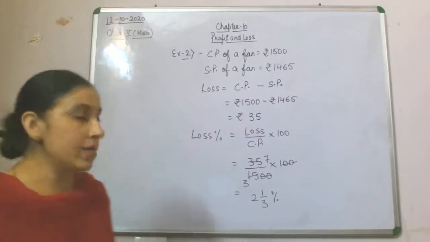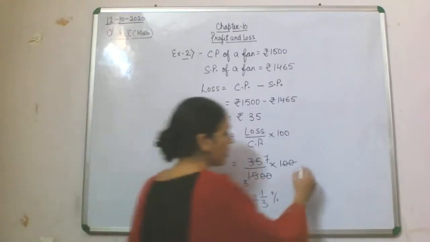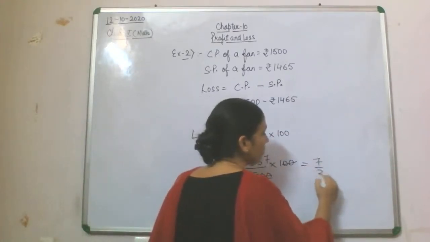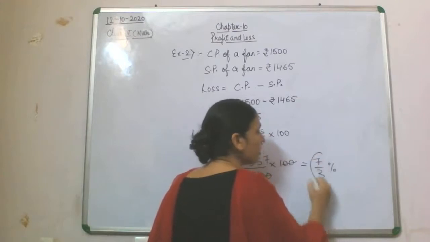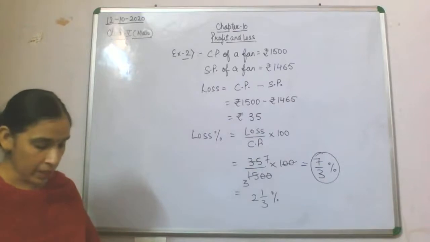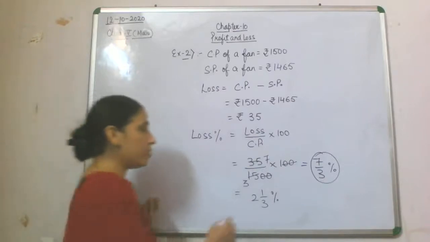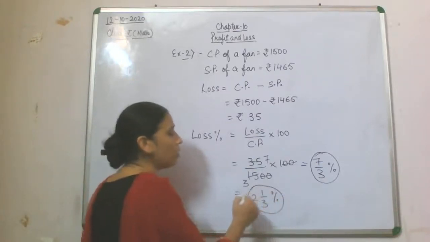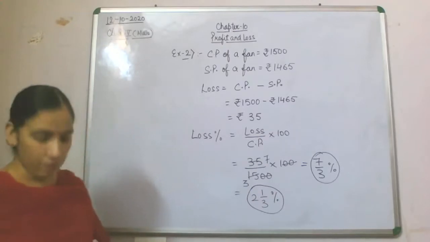If you write the answer in fraction form, like 7 by 3%, then also it is not incorrect. You can write the answer like that also. Fine. And if you can convert it, then it will be even better.